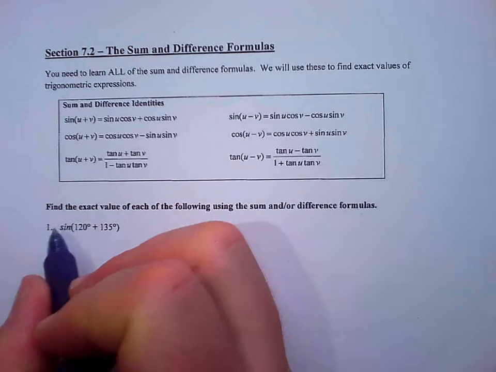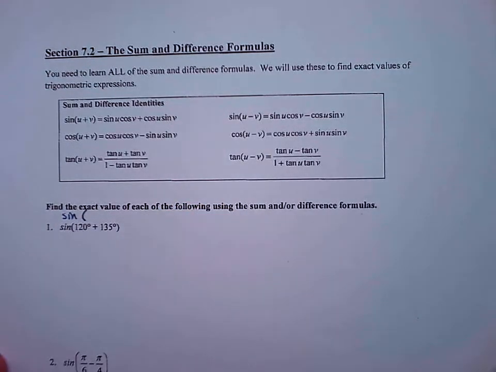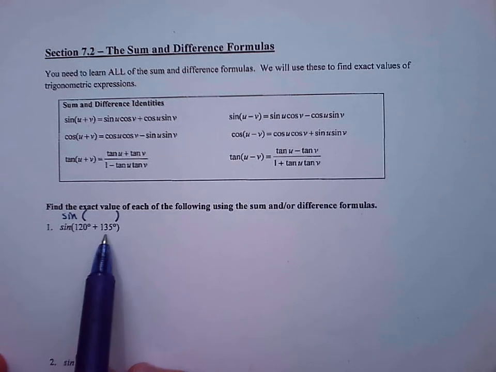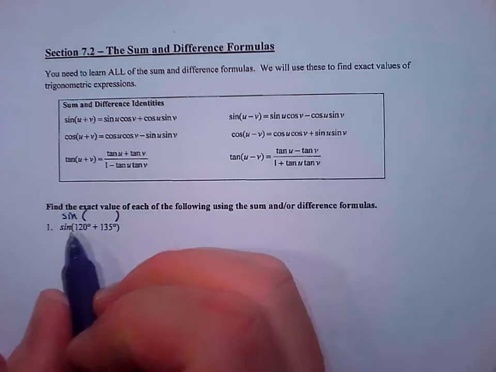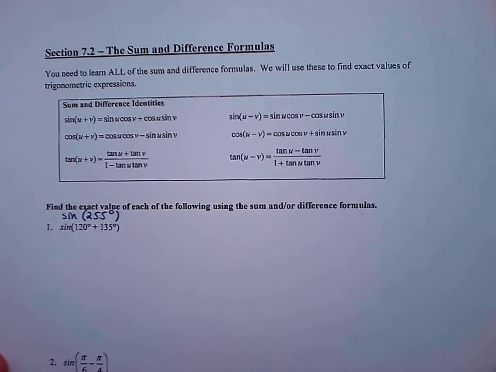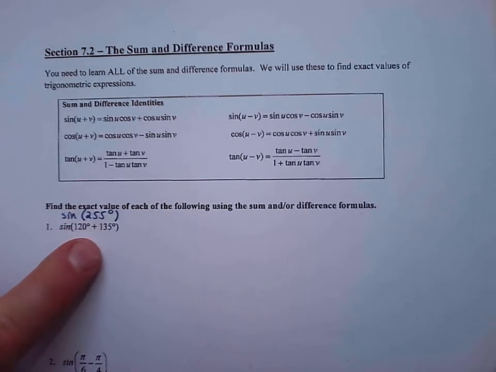So what we could have done, and this is something that we're going to do here in a couple of minutes, is started off with the addition of these two, so the sine of 255 degrees. If I ask you what the sine of 255 degrees is, you might say, well, I have no idea. Well, one of the things that we can do is break this apart into the sine of 120 degrees plus 135 degrees.